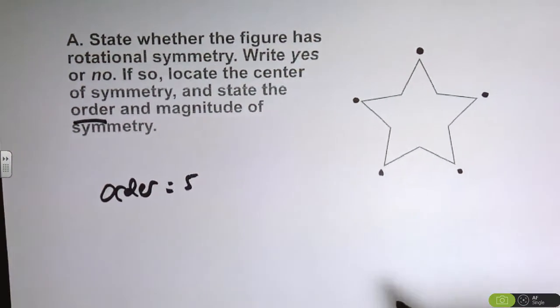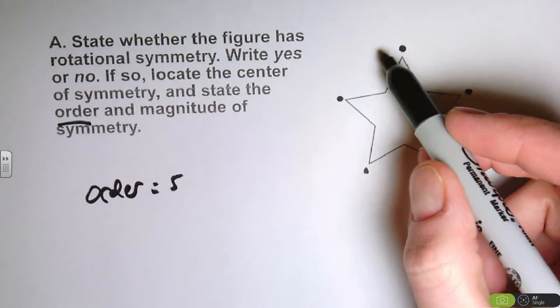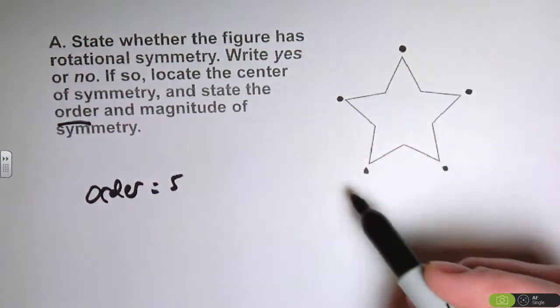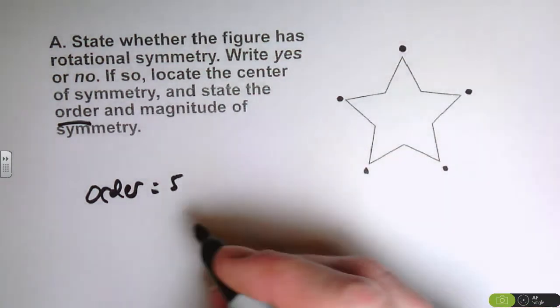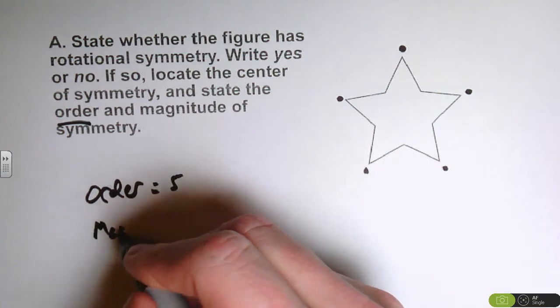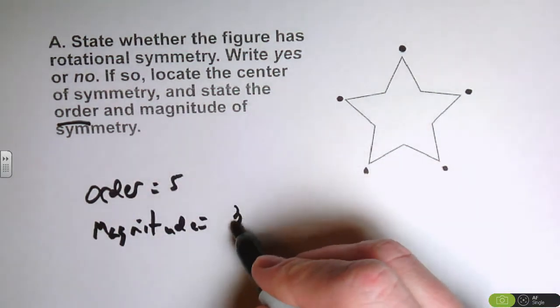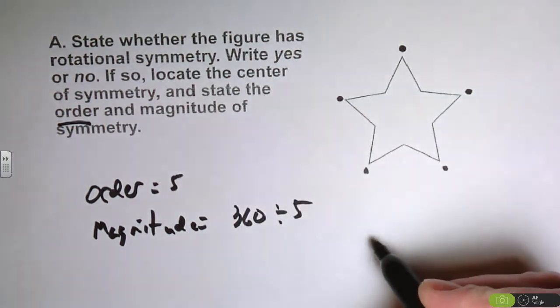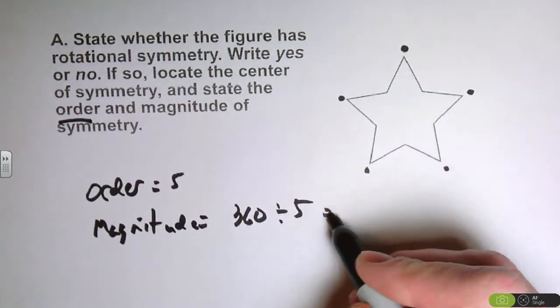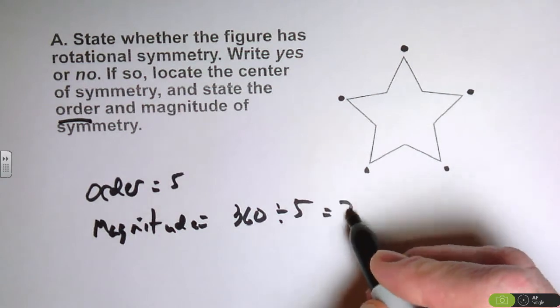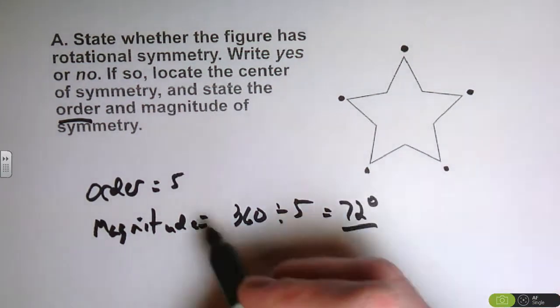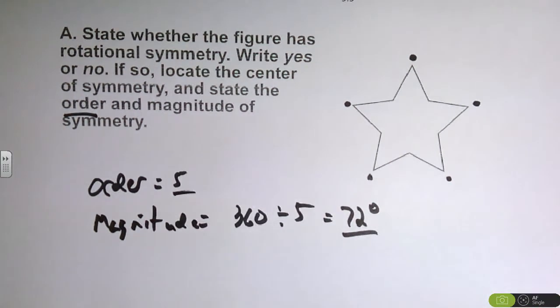Now, if it happens 5 times over one full rotation, that's what we take that 360 over for the magnitude. Over the course of 360 degrees, it was the same figure 5 times. That ends up giving us 72 degrees as our magnitude. And that means that's the smallest angle I have to rotate it.